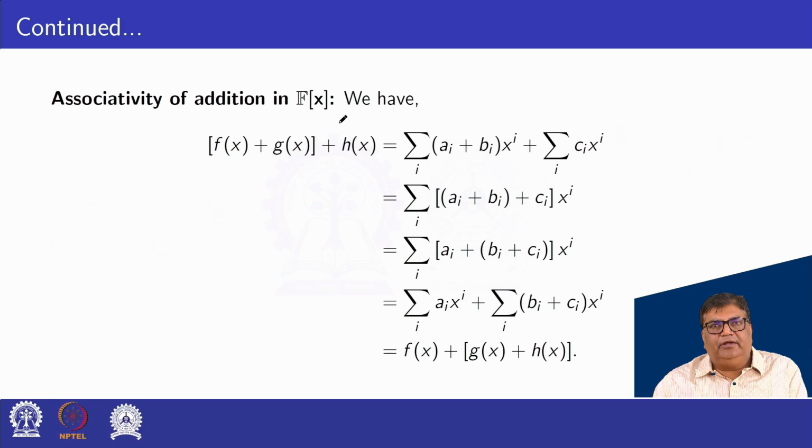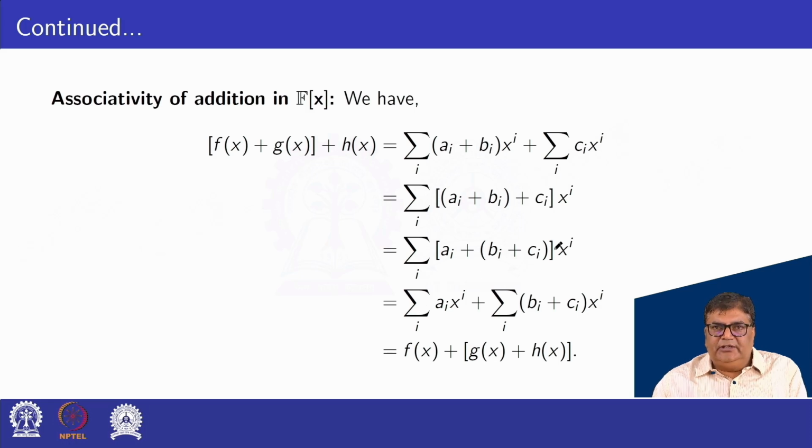Associativity of addition in F[x]. f(x) + g(x) + h(x) can be written as the summation of (a_i + b_i + c_i) x^i. Here b_i + c_i can be written together. Therefore the summation over i of (a_i + (b_i + c_i)) x^i we can write.